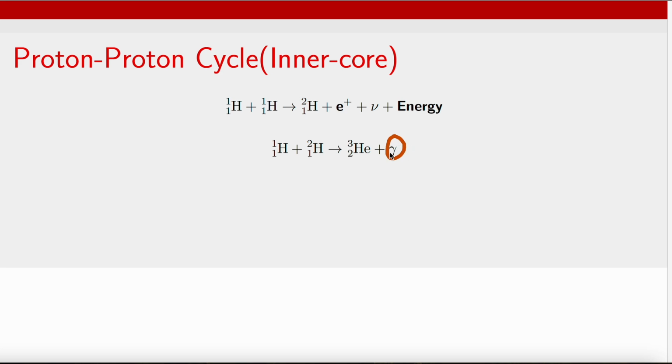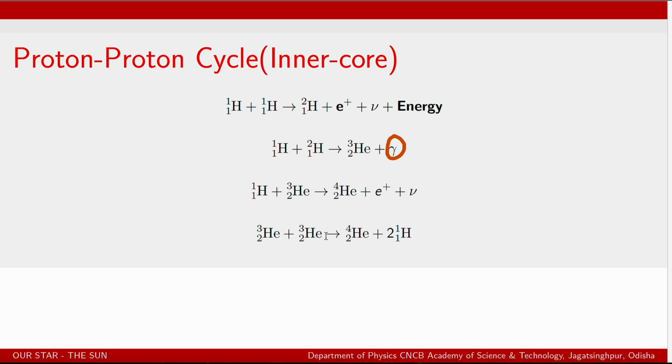This gamma photon has extremely high energy. And then this proton again combines with this helium-3 nucleus and forms a helium-4 nucleus, and then we have a positron, and then we have a neutrino, and it ends with the two helium-3 nuclei combining to form helium-4 and protons.